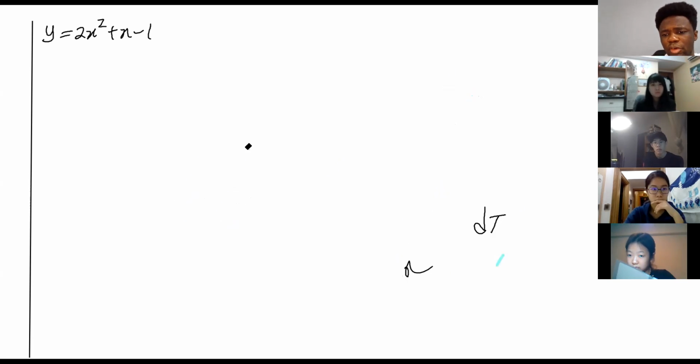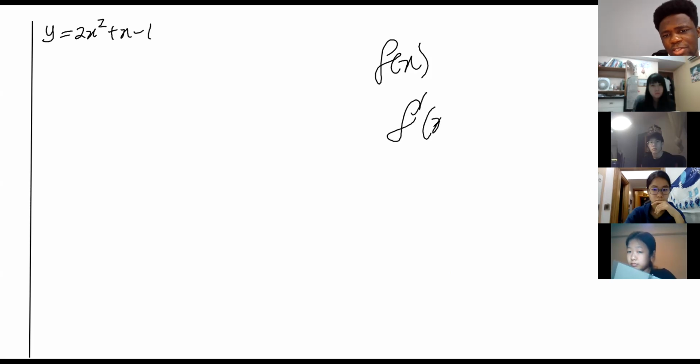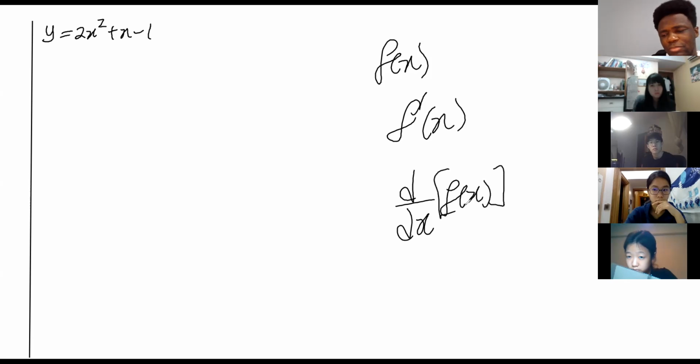But if you call it f of x, this is how you can write it. If the function was given to you as f of x, you have two options: f dash of x or d by dx of f of x. This is also allowed. It's the derivative with respect to x of this function.